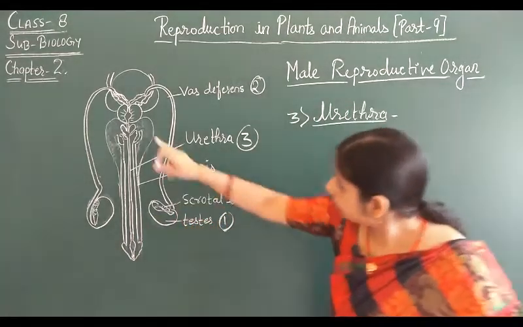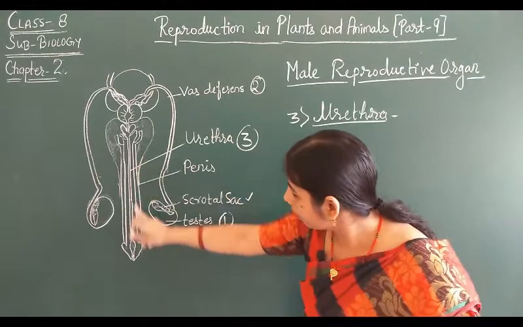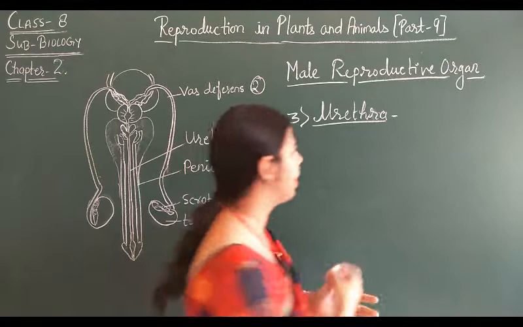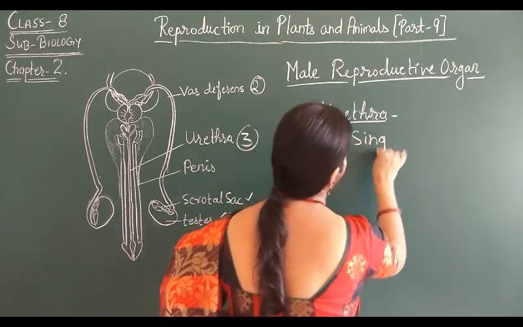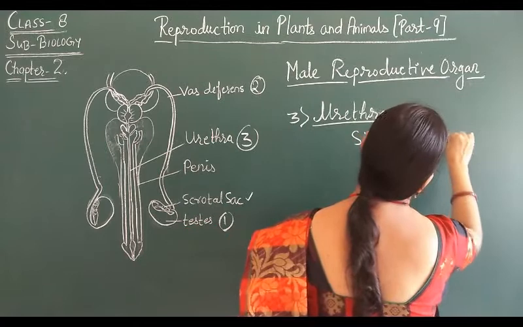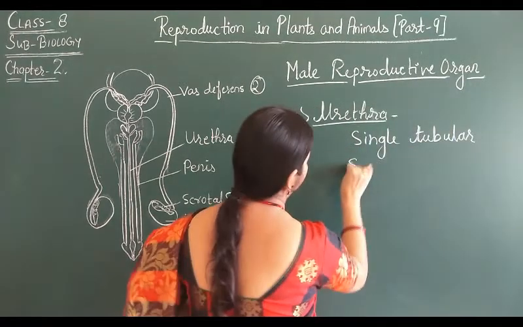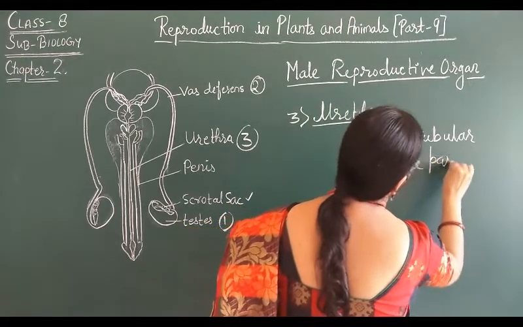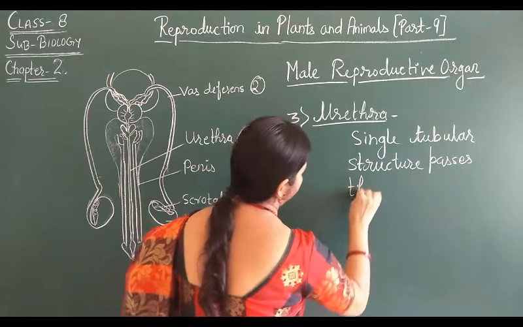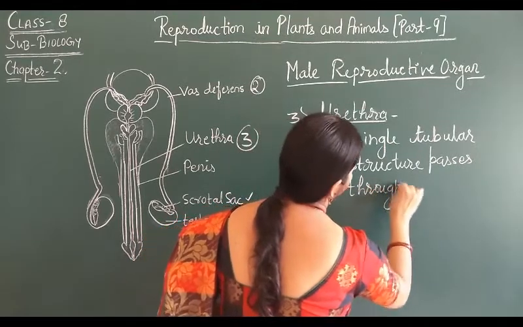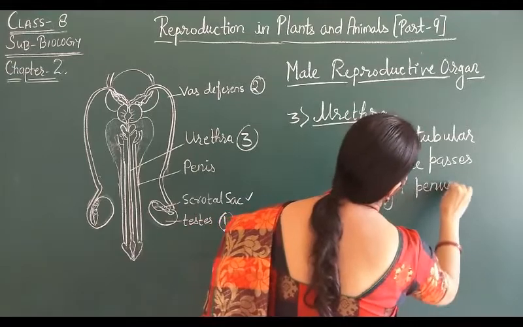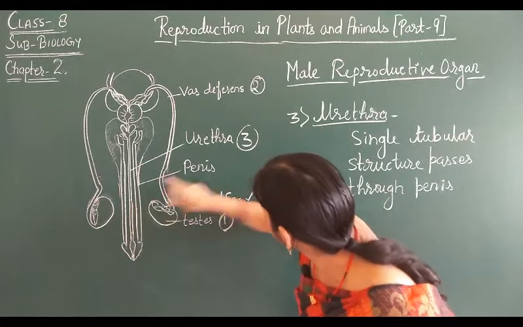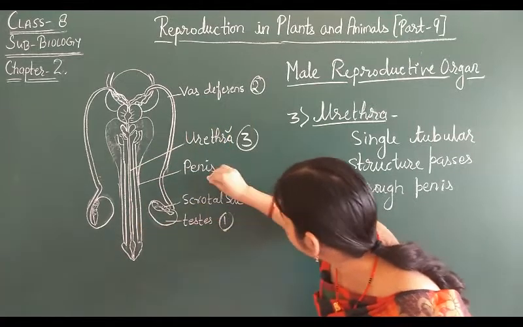This urethra is a single tube like structure, look over here, which passes through the penis, which is muscular in nature. This thin tube, the urethra, passes through the penis.